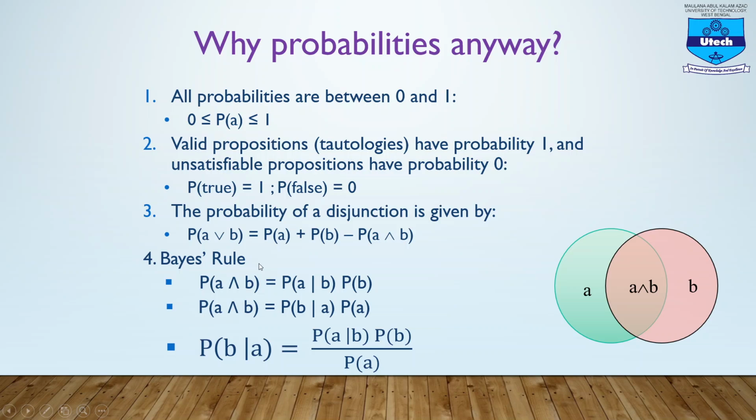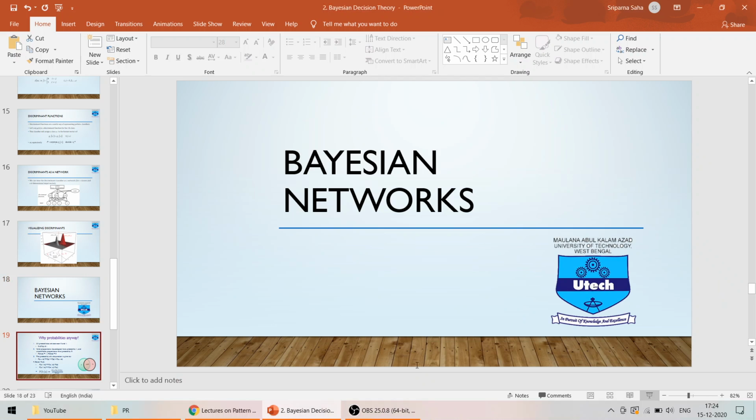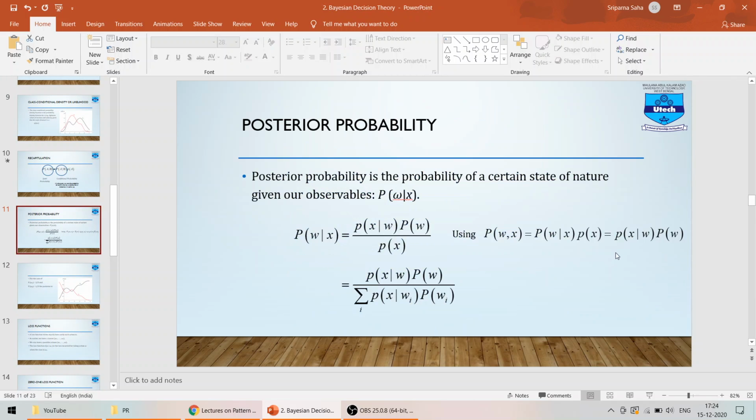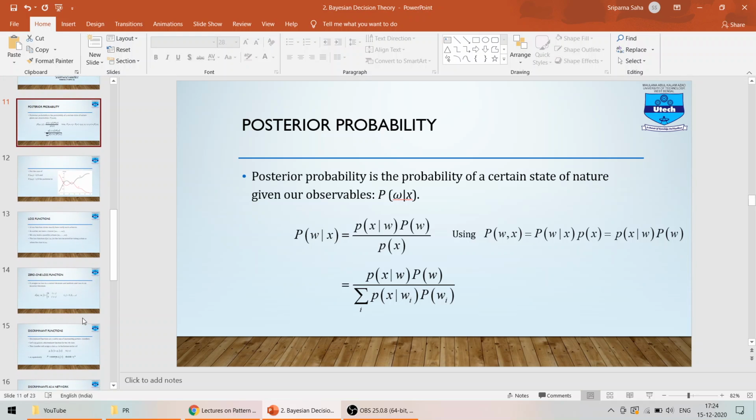Now in the Bayes rule that we have covered so far, the probability of A intersection B equals the probability of A given B multiplied by the probability of B. The same thing can be repeated here: the probability of B given A multiplied by the probability of A. So the probability of B given A is the probability of A given B multiplied by the probability of B, divided by the probability of A. If you cannot remember this, go to some of the previous slides where this has already been taught.